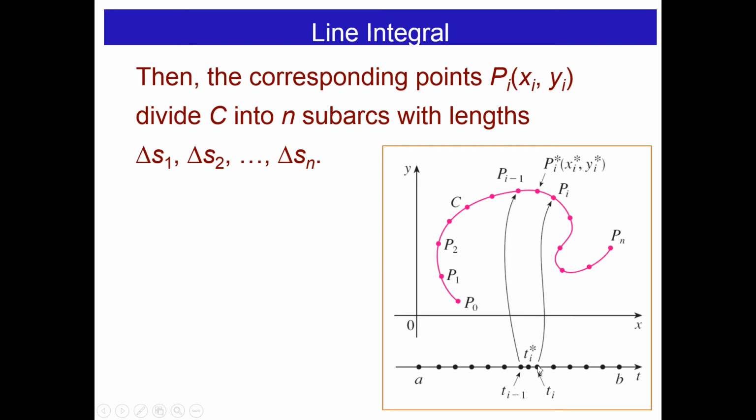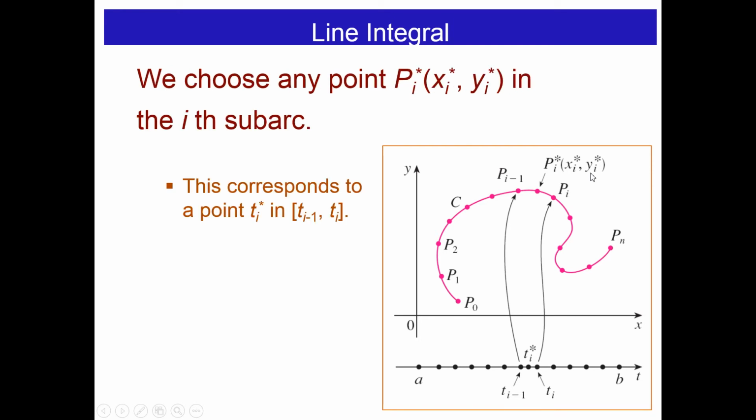Similarly, if we have this point t_i, there is a point P_i corresponding to it. And similarly, if we have t_i star, a point in this sub-interval, then there is a point P_i star on the curve with coordinates x_i star, y_i star.